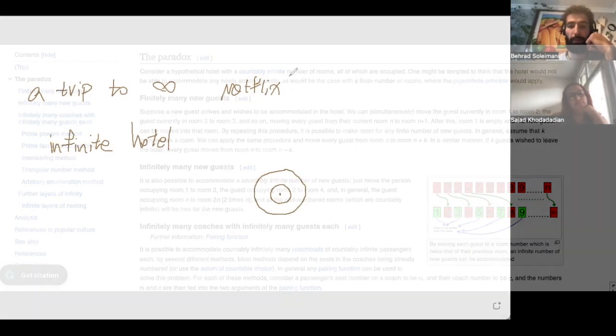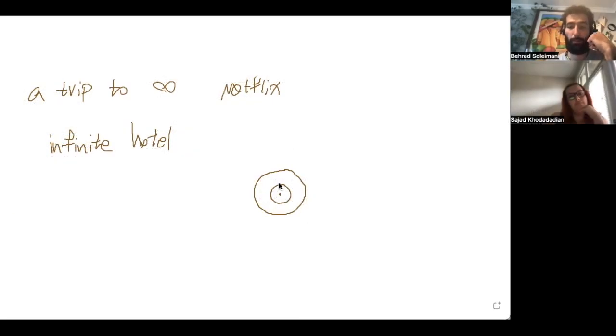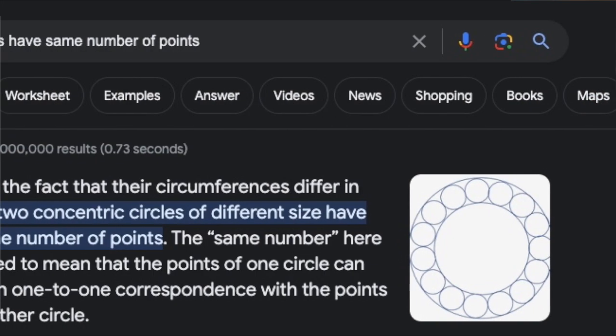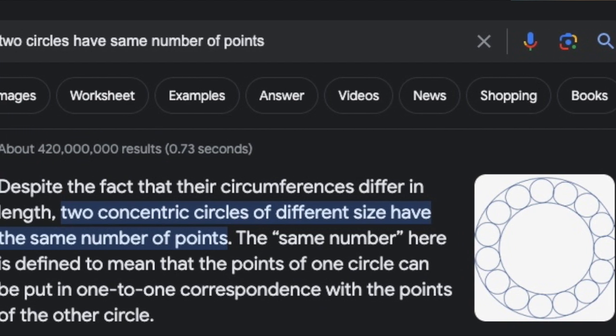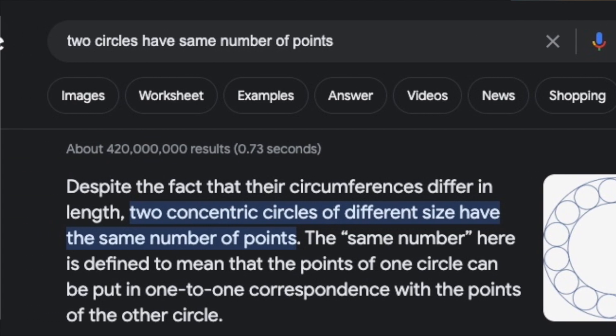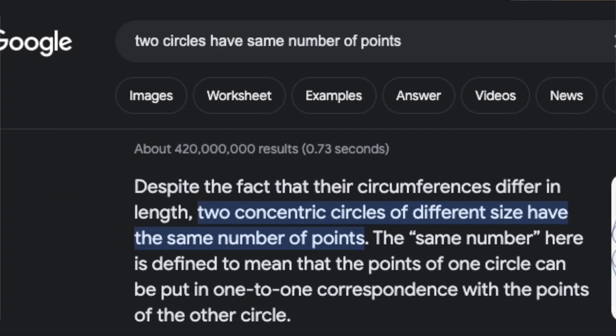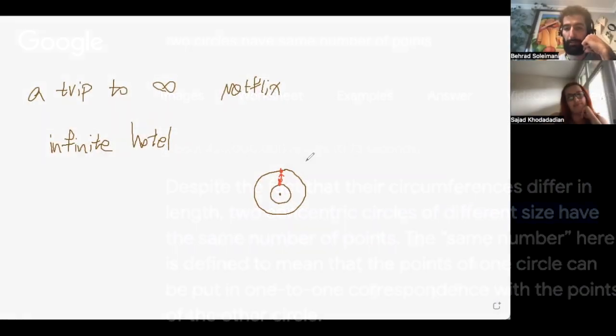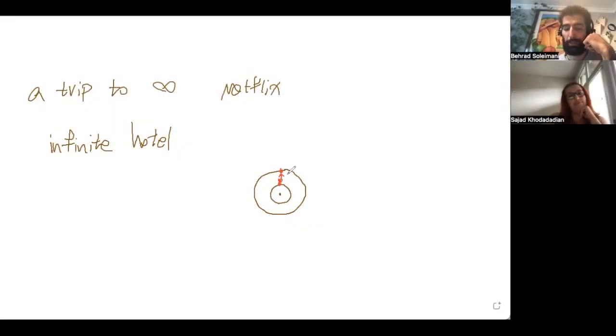You can prove that there's a one-to-one correspondence between the points, right? What it means is that the number of points in both circles are equal. I understand infinity is large, but what does that mean? Explain this a little bit. How is it possible?